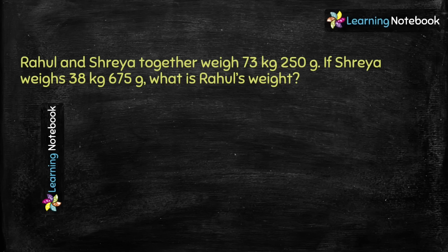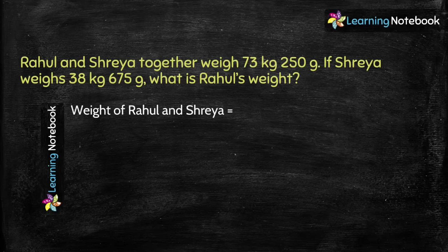So here we are given with total weight of two people. We are also given with weight of one of them. And we have to find weight of the second person. So in this question, we are going to subtract.